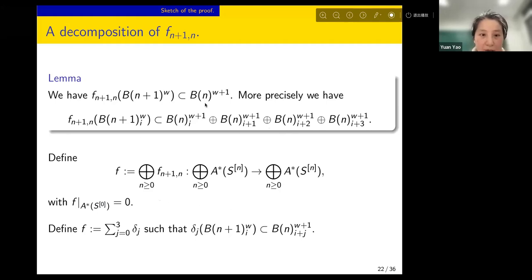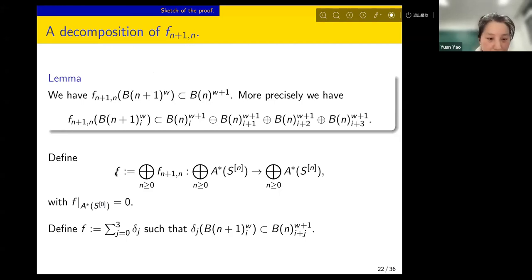Okay, so you have this map, you get a decomposition for this map. So delta 0 to delta 3. So theta 0 can at most increase by 3, the number of theta 0. Okay, so now we get the decomposition for this F n, n plus 1 n.